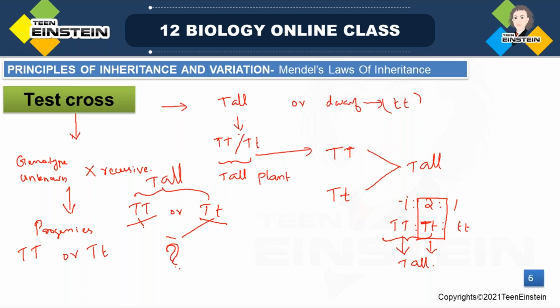The phenotype is expressed, but the genotype is unknown. That organism or that plant material or whatever may be, that one is crossed with the recessive parent, which is having the recessive character. So if we are crossing those two, progenies will be formed. By seeing the phenotype of these progeny, we can make out whether it is a homozygous genotype, which we want to find out, or a heterozygous. Okay. So we'll see next how we can find out that.